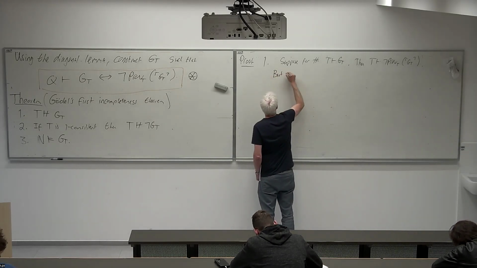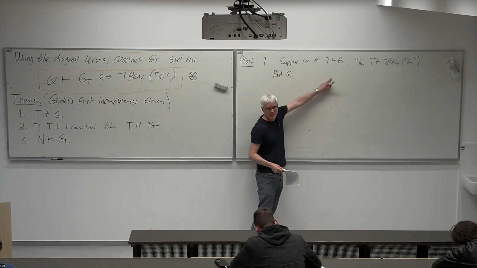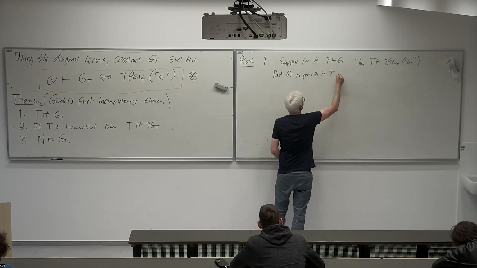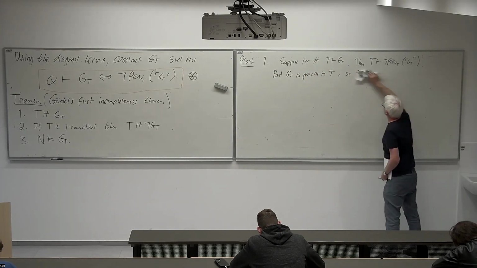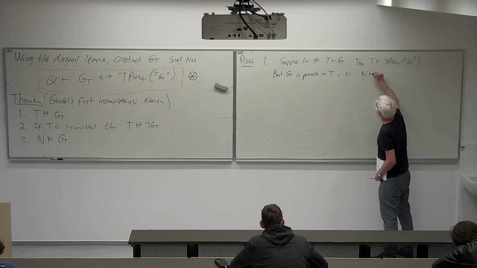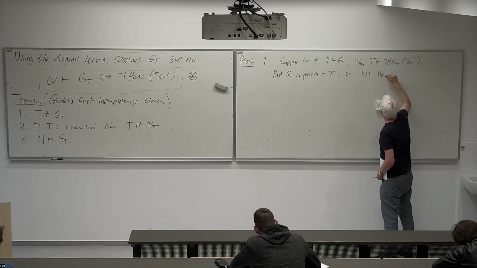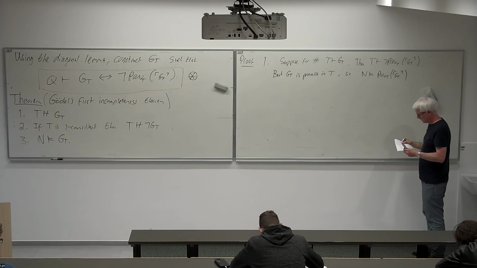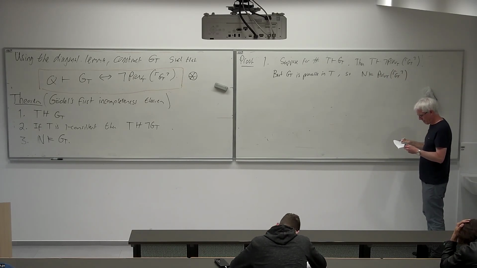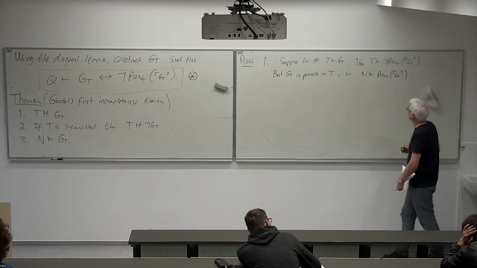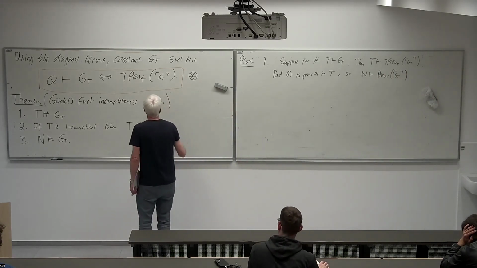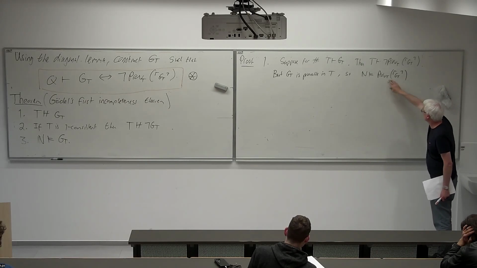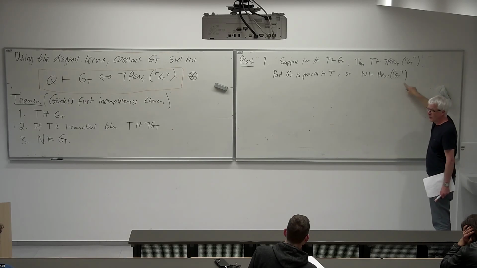But G_T is provable in T by the assumption here. But the statement that G_T is provable, the formal statement, is true, and this is a sigma-1 sentence.